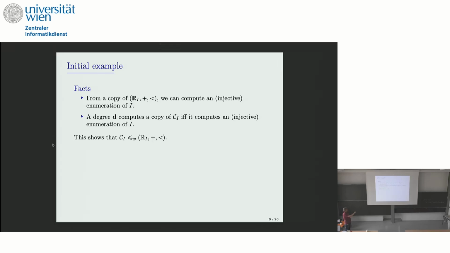So given the reals with plus and less than, we get Cantor space, and of course it's not hard to get the reals with plus and less than from the reals with plus and times. This is all in the ground model versions. So Cantor space is generic Muchnik reducible to, say, the field of reals, and the reals with plus and less than are in between.